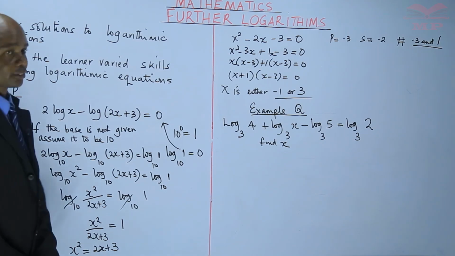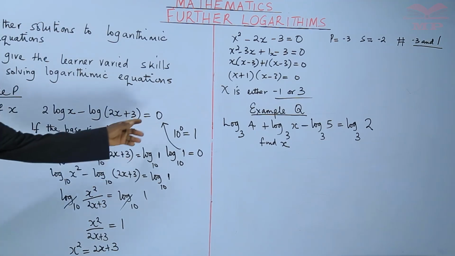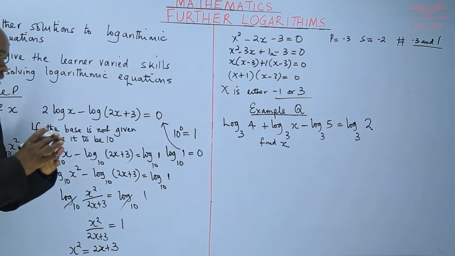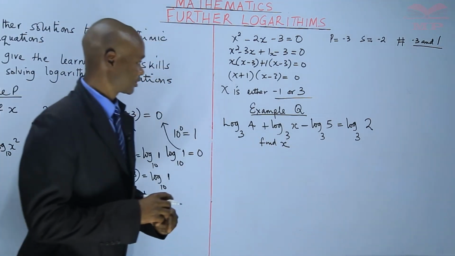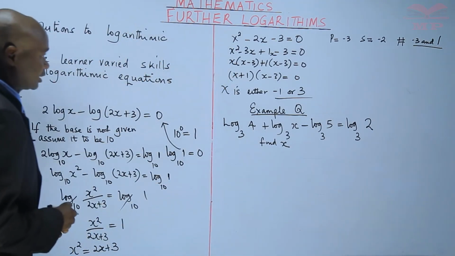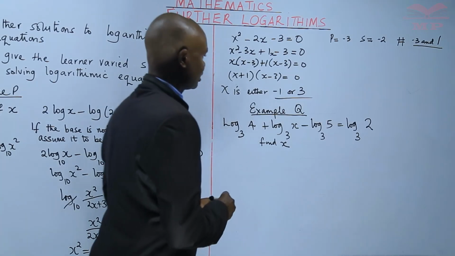That is a logarithmic equation, learner. So I hope you've got what happened here. You only work when all the terms given are of the same base. Like all these terms are of base 3.